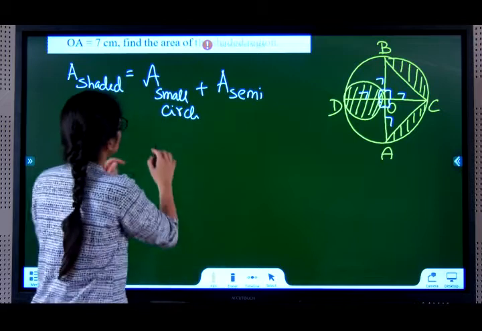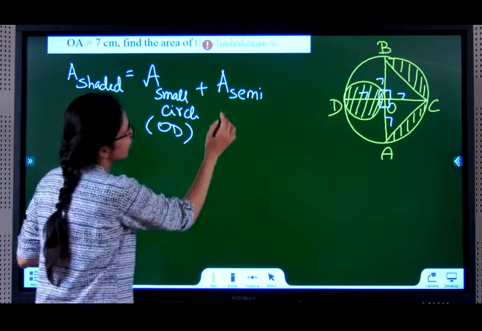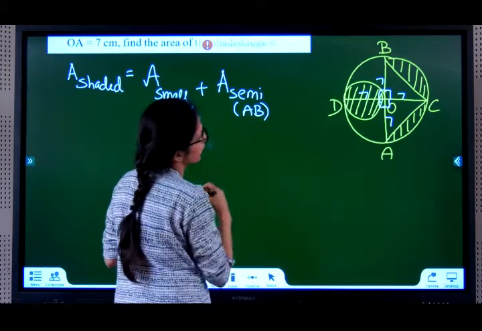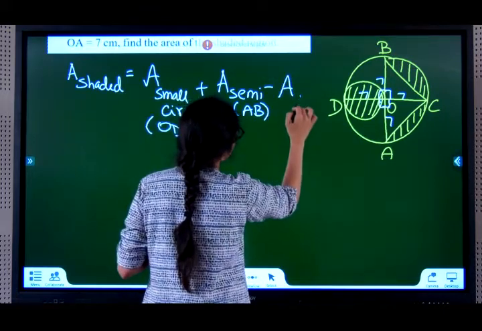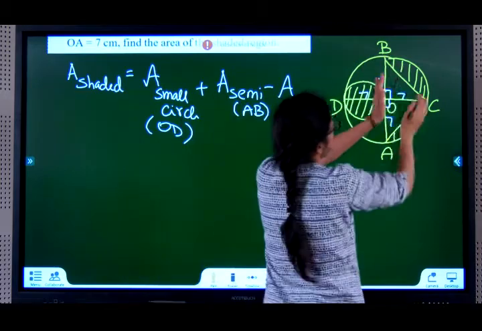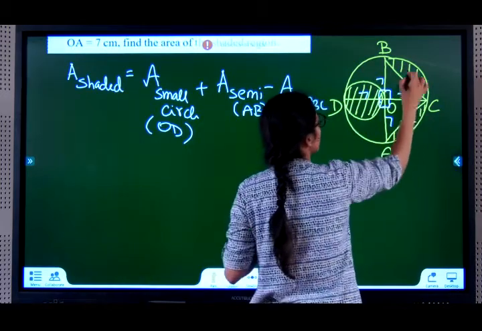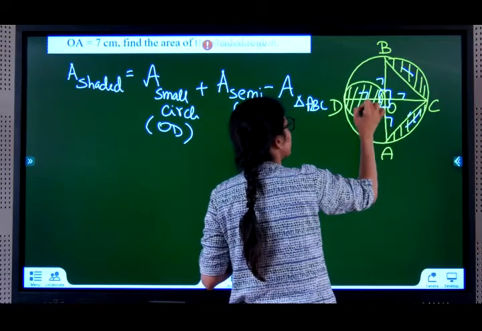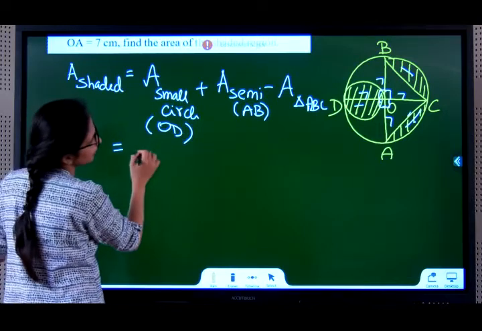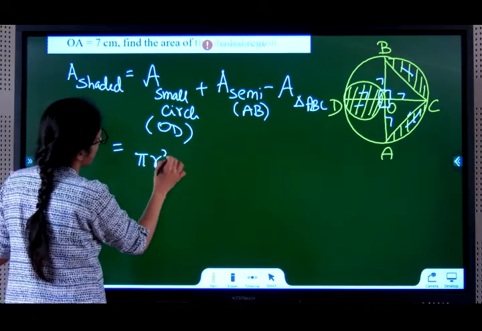Area of semicircle with diameter AB minus area of triangle ABC. So semicircle minus triangle will give these two, and then we add up this one. Agreed? That's all.